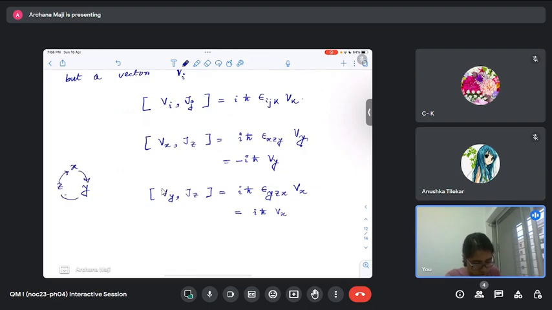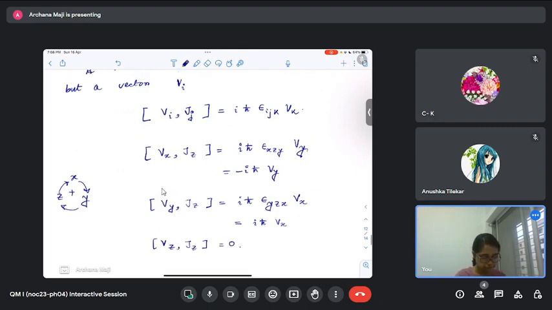If this order is satisfied, then it's plus 1, otherwise it's minus 1. So yzx satisfies this order, but xzy is in the reverse order, so that's why minus. And Vz with Jz is equal to 0.